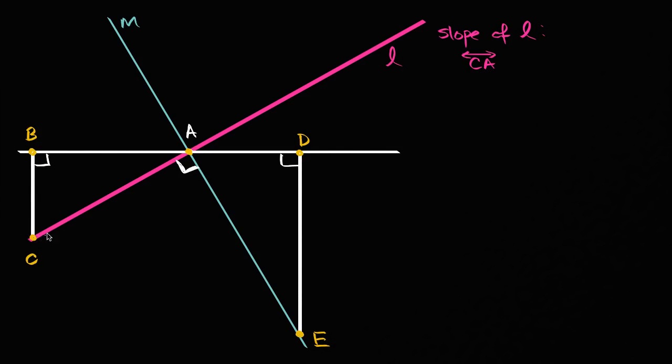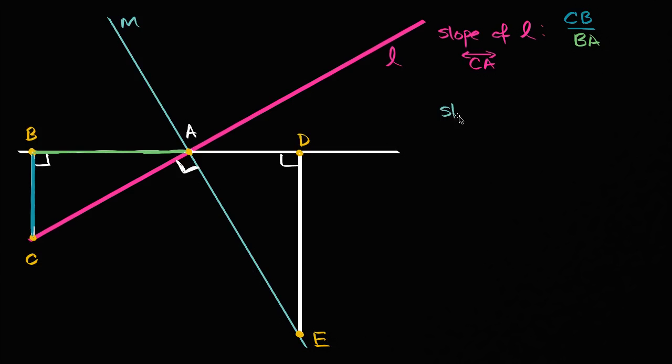And so to find the slope, that's change in y over change in x. So our change in y is going to be the length of segment CB. That is our change in y. So it is CB over our change in x, which is the length of segment BA right over here. So that is BA.